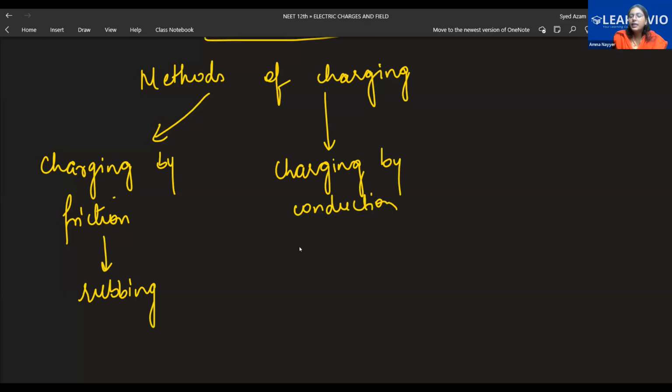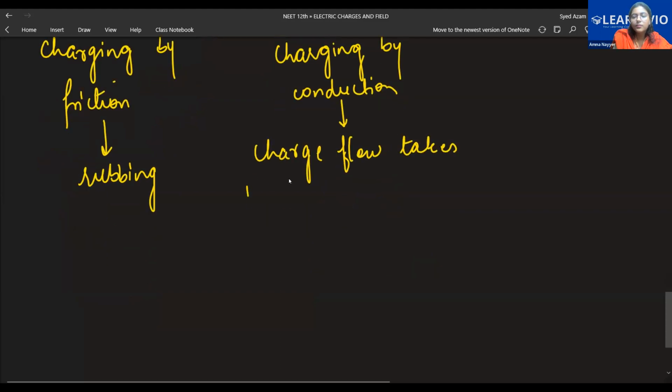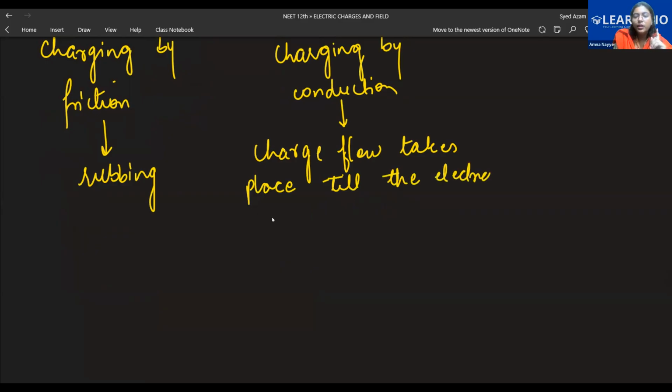In charging by conduction, you just put two objects in contact with each other. You connect them with the help of a connecting wire, anything. One thing that you need to understand here is that the charge flow takes place till the electric potential is the same.